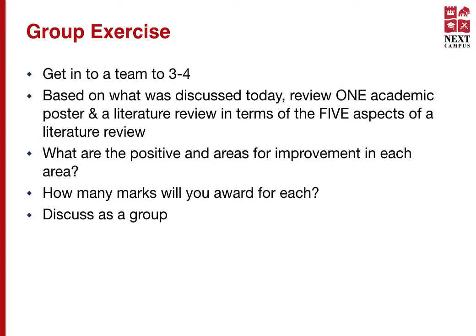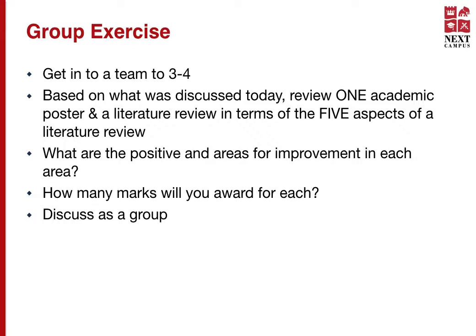The next step is to do a small group exercise. Get into teams of 3 to 4 students, and you will find in the assessment folder some examples of past literature reviews.